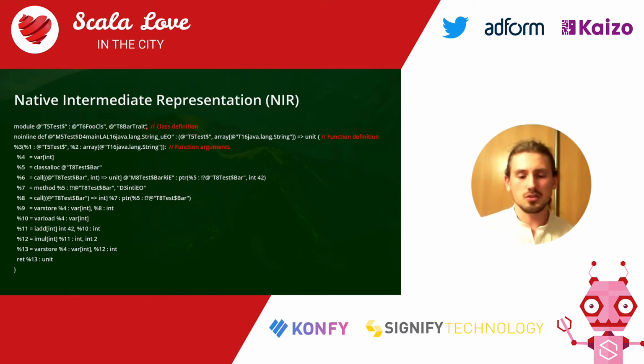We already have this information in NIR. Also for some methods which are defined in it, as well as their attributes. In this example, we know that this method, main, should never be inlined. We also have some additional information about the function, because the main method is a function, and we already know which parameter types it is taking. In this case, it's this type for the test module, as well as an array of strings, and it returns nothing.